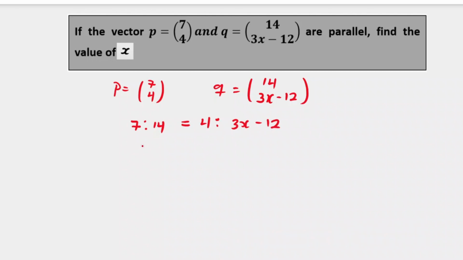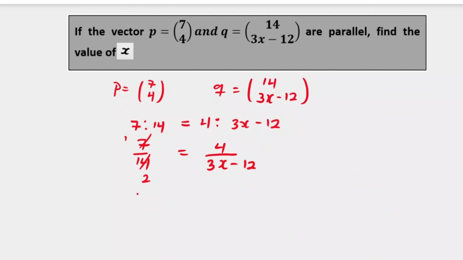Now, from here, we just change the ratios to common fractions. We have 7 out of 14 equal to 4 out of 3x minus 12. At this point, let's see if we can simplify. 7 out of 14, we can simplify. So 7 into this is 1, and it goes into 14 2 times.